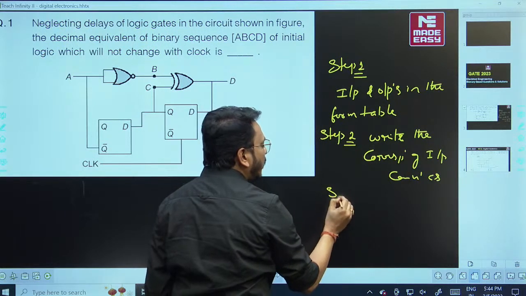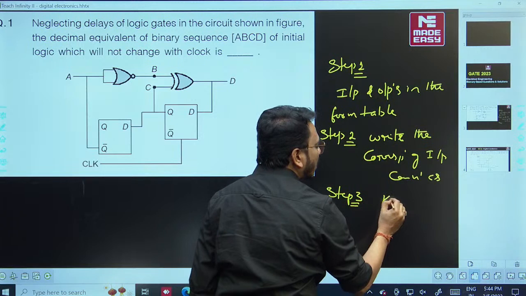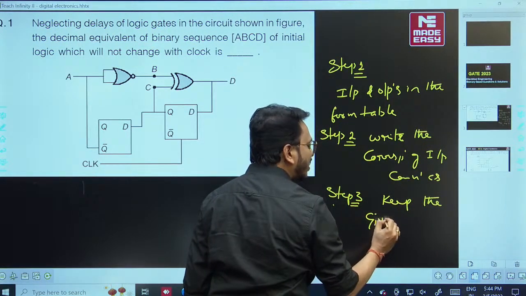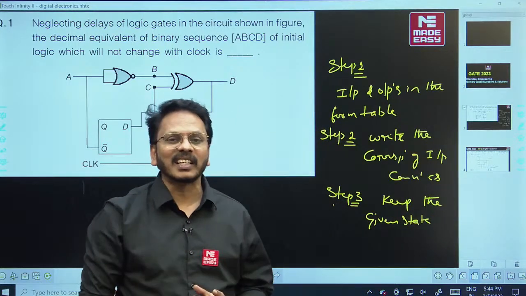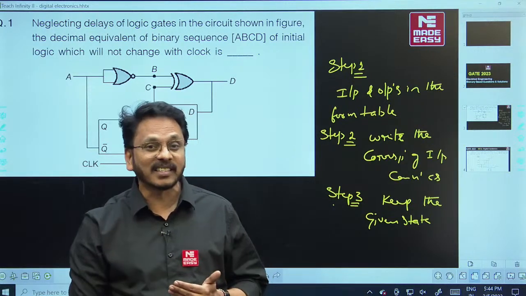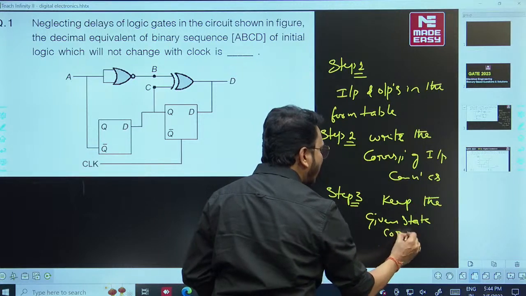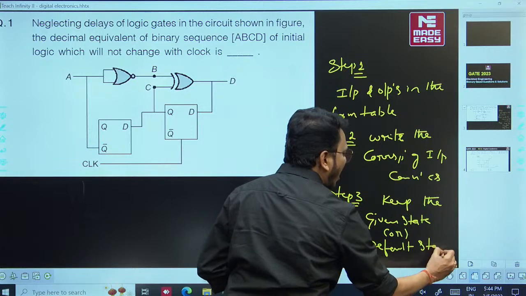And step 3: keep the given state. If they haven't given the state initially, you can take any state by default as per your desire. So keep the given state or default state and proceed.